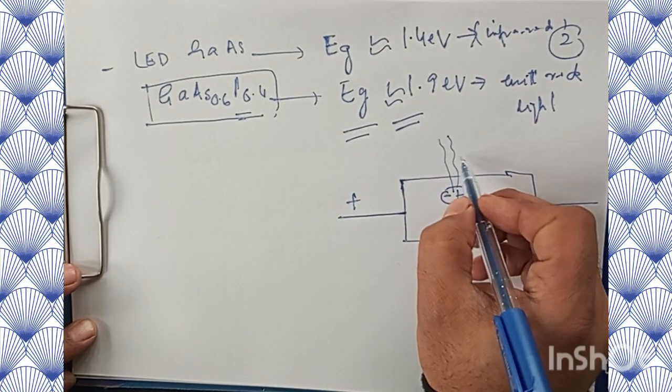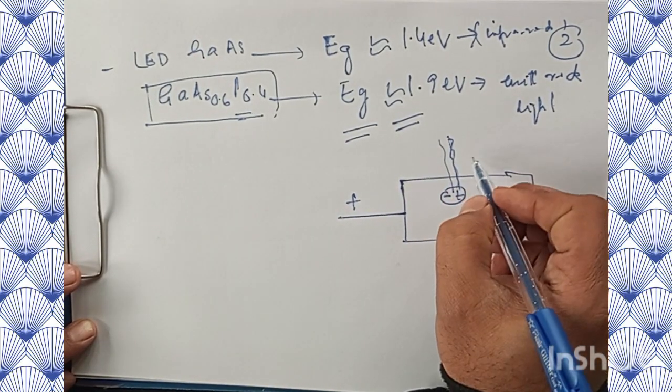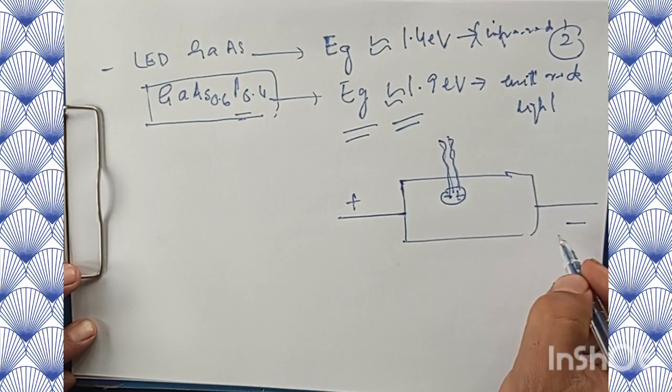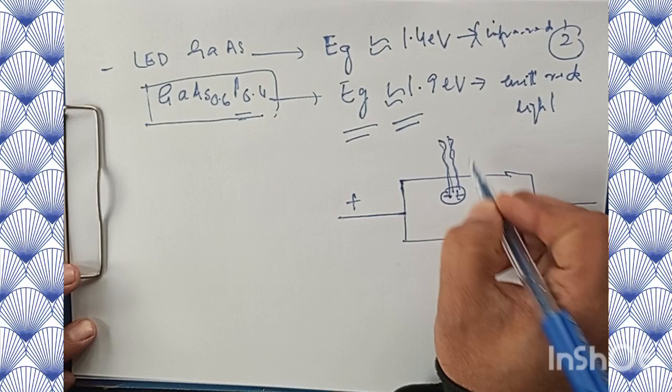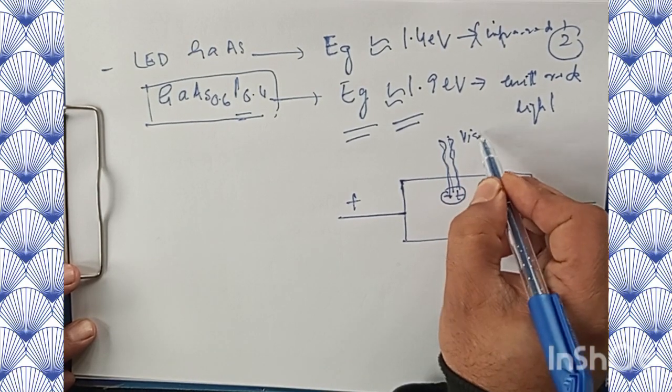Their band gaps have to be tuned, right? So when you tune these PN junctions, you have the visible light.